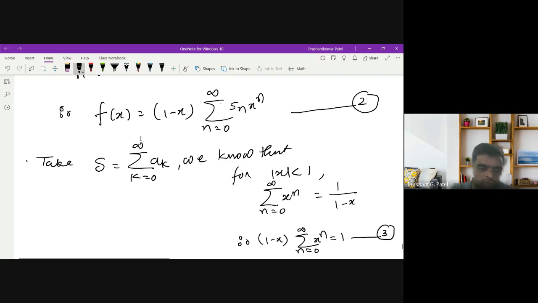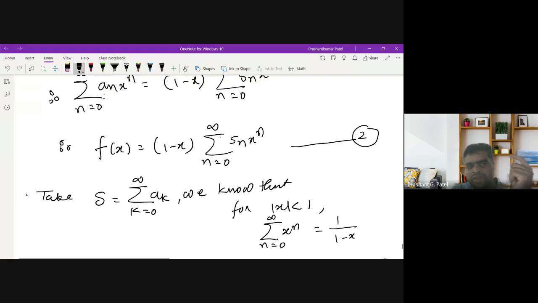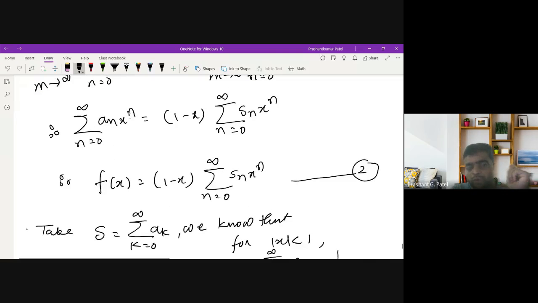I call this 3. Now from 2, ultimately what do we have to prove? We have to prove that the limit of this f(x) is S. What is f(x)? It is the summation of an x power n. Our objective is the limit as x tends to 1 equals the summation of an.